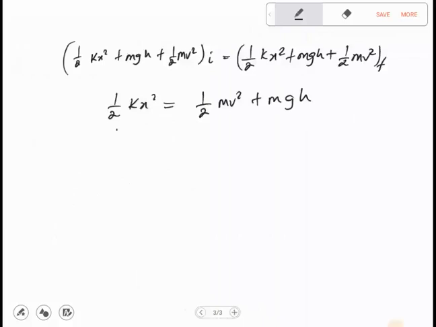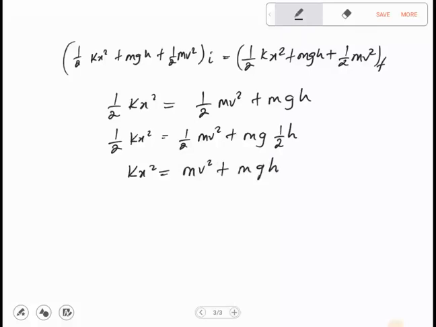So we are saying half kx squared equal to half mv squared plus mg, but the height is half h. Now you can say there's half everywhere. You can just eliminate that, right? That will just give us kx squared equal to mv squared plus mgh. Of course, we can factorize m here, which is common.